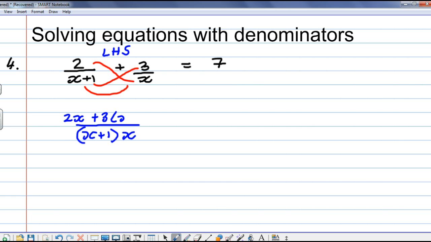Put that in the right order. So I'm now going to expand the numerator, and I get 2x plus 3x plus 3 all over. Now I'm going to expand the denominator. I get x squared plus x.